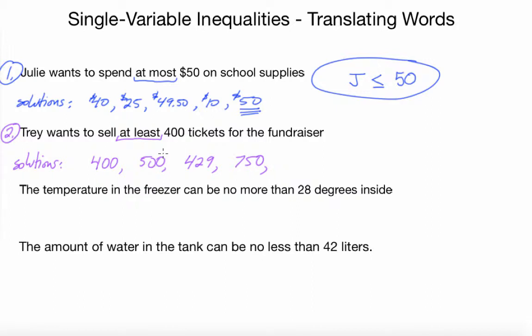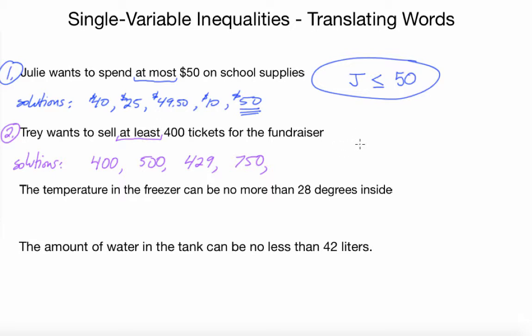And again, thinking about solutions helps me narrow in on what inequality does all that. So now I'm looking for numbers that are 400 or bigger. 500, 429, 750, these are all more than 400 tickets. So even though it's saying at least, really this is a more than problem.